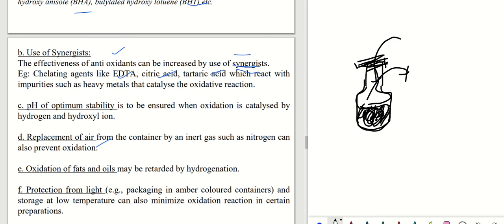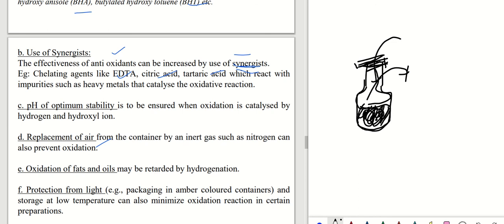So even for a few longer days, the vegetables will have their own color. The color will not be changed because there is no more oxygen inside the pack. It's being replaced. And do not write this as an example in your examination when it is asked. Kindly quote pharmaceutically related examples.